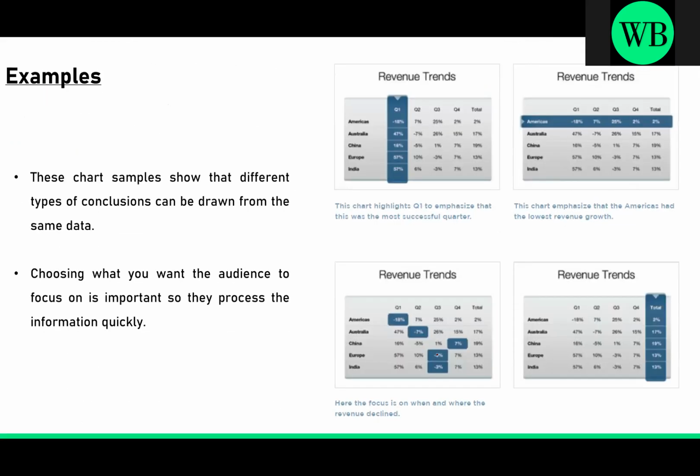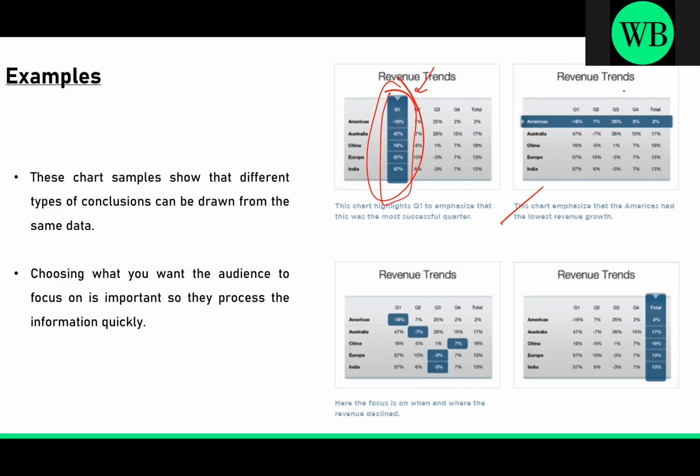Okay, now these are chart samples. These chart samples show that different types of conclusions can be drawn from different data, right? Now here, when this chart highlights Q1, right? So if you want to highlight Q1 here, you have all this data and you just have blue on this, right? So this really helps you focus on this thing.